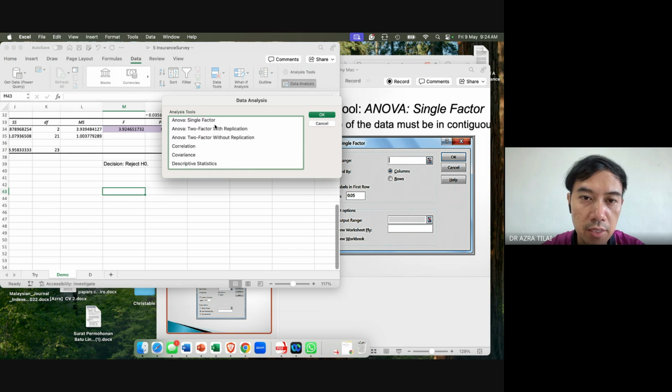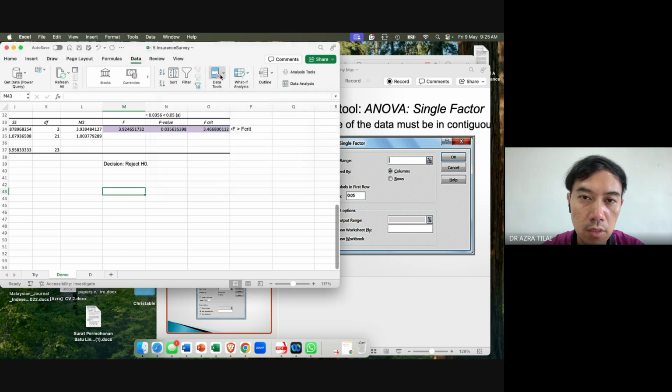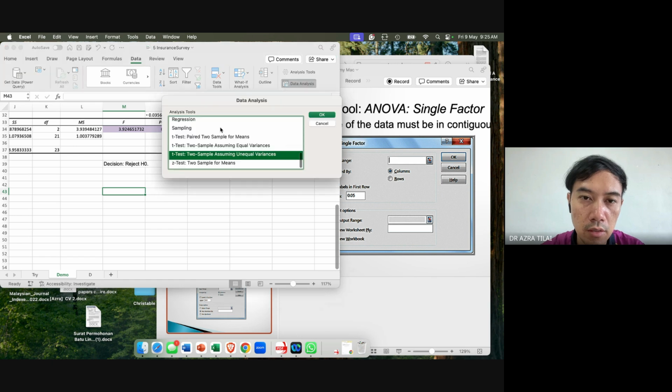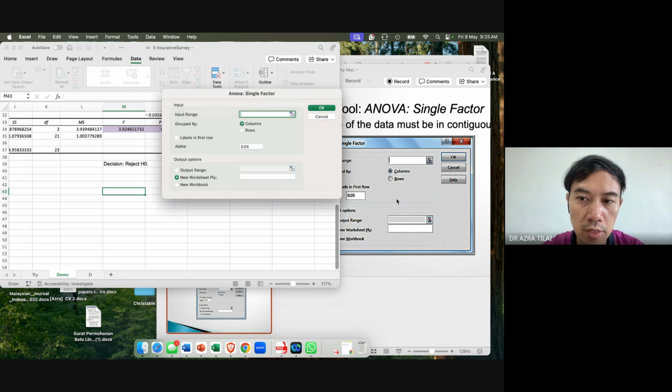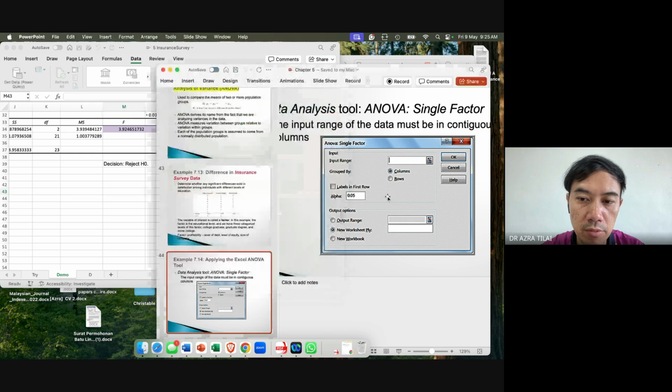It's either ANOVA single factor, ANOVA two factor with replication, or ANOVA two factor without replication. So you use ANOVA single factor. Click ANOVA single factor, click OK. For the input range, which range do you want to use?